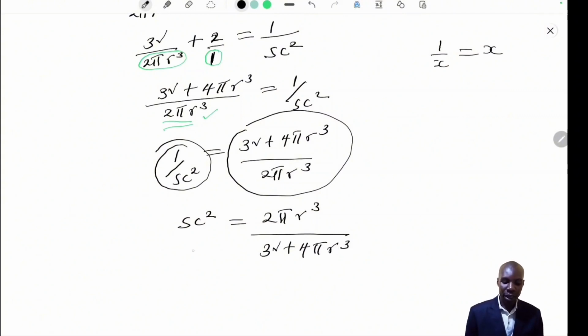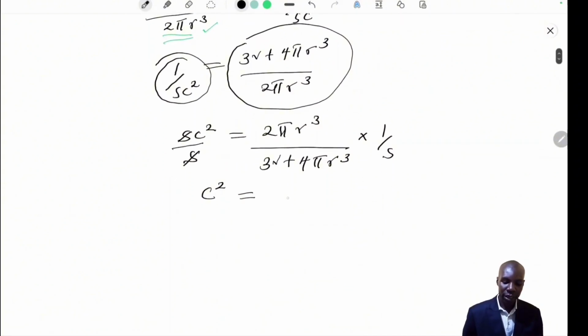So if we divide both sides by s, this s cancels, and we are left with c squared equals 2 pi r to power 3 over s in bracket 3v plus 4 pi r to power 3.